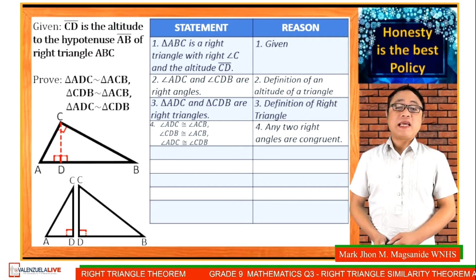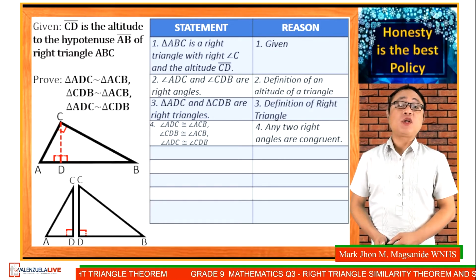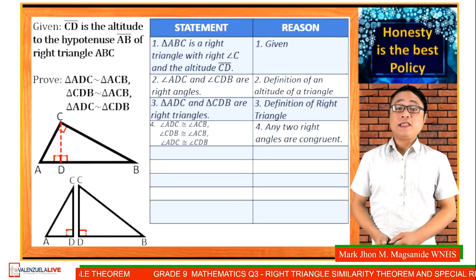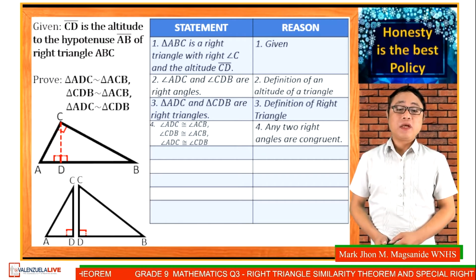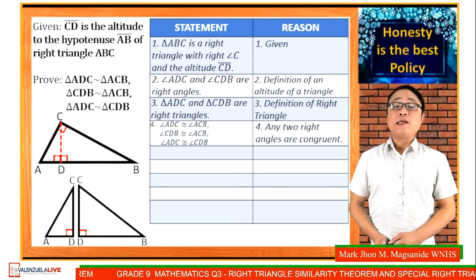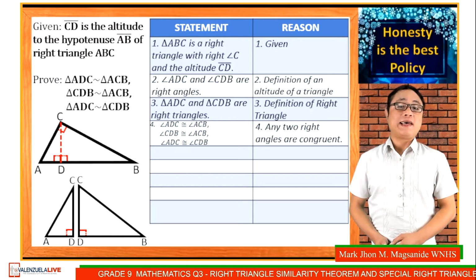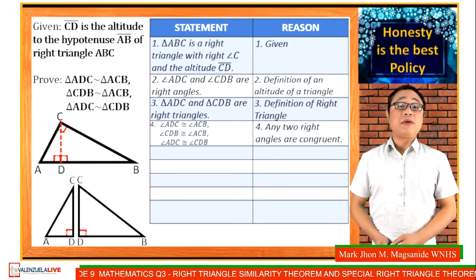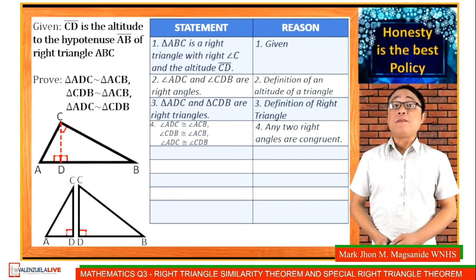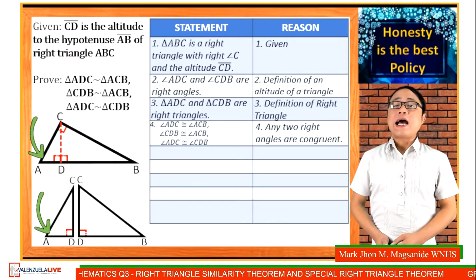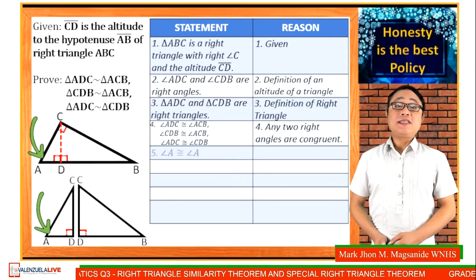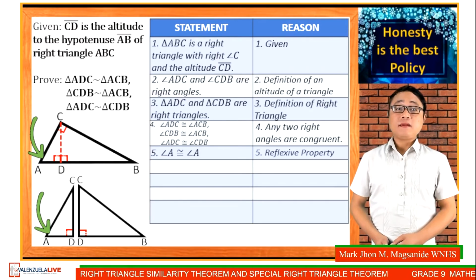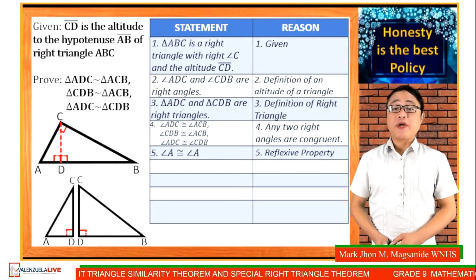One corresponding angle is congruent in triangles ACB and ADC, which is angle ACB and angle ADC. Let us find another congruent corresponding angle. Notice in triangle ACB and triangle ADC, they both contain angle A. Hence, angle A is congruent to angle A by reflexive property.